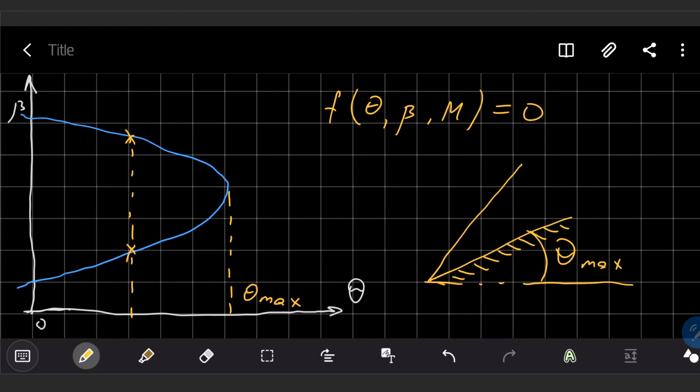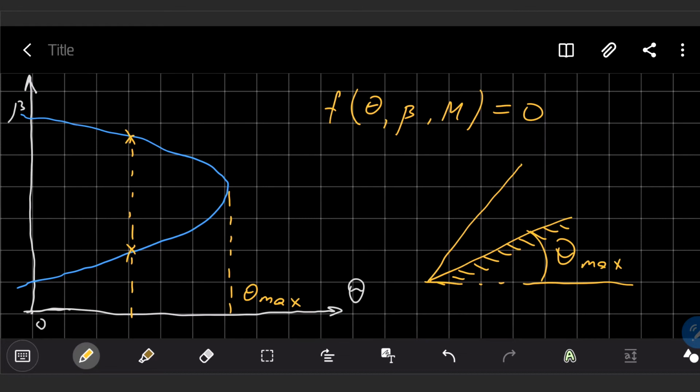So once we are working with such a no-solution case in the theta-beta-M relation, you can see there is no intersection here, so there is no solution for an oblique shock wave, and only a normal shock wave is possible. It's well described in the Anderson book. I just repeat something from the theory.